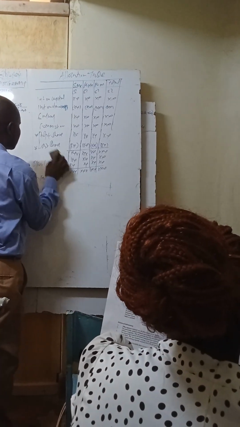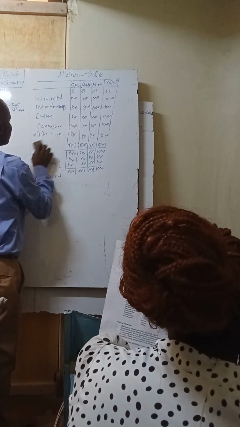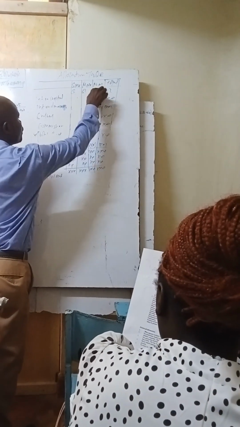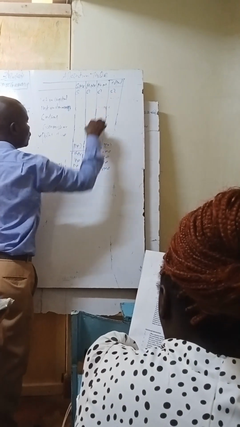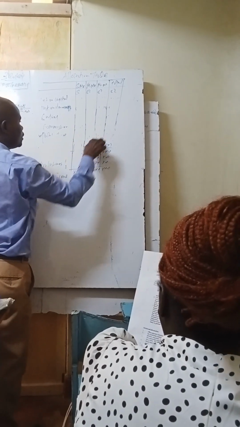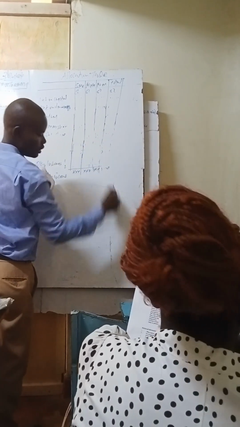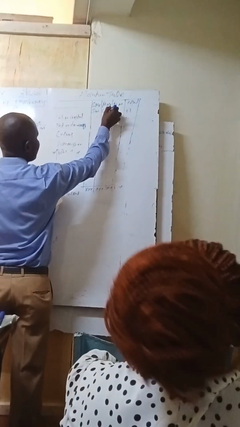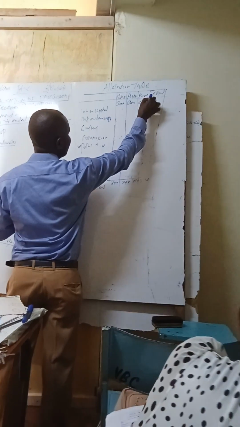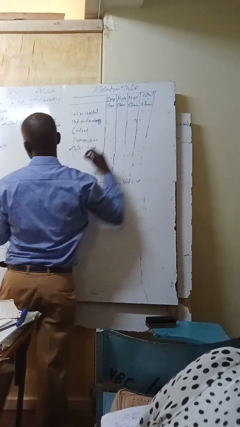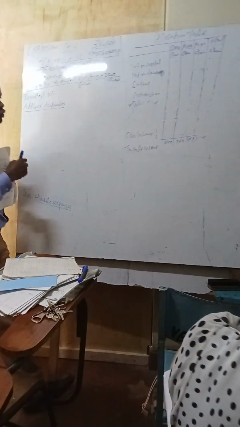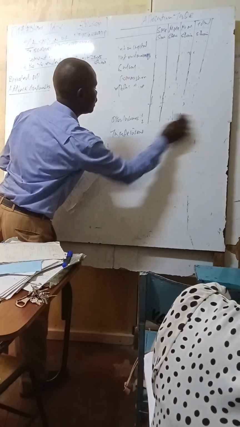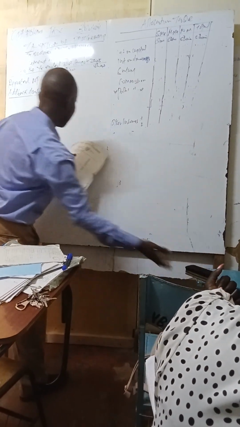So we will just rub those columns that way. So we condense the figures. And then we just start. There's no additional information for the question, so we just take them directly.